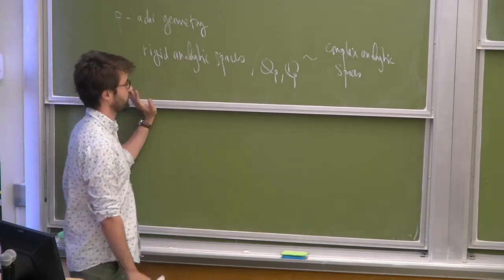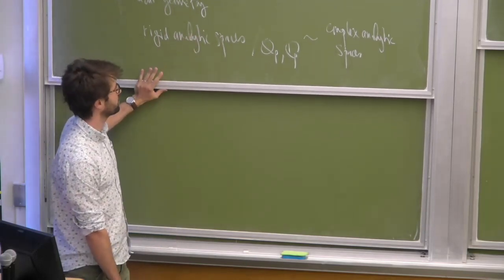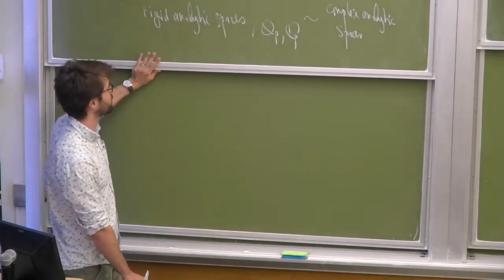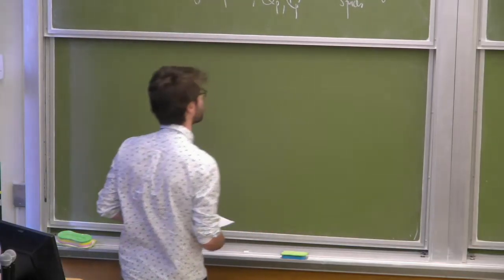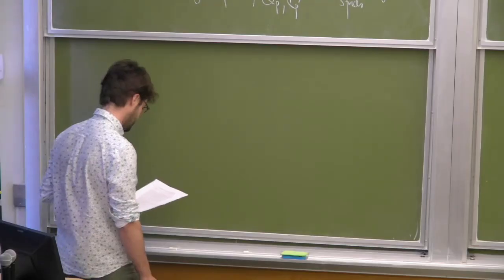Of course, you have to take into account the totally disconnected nature of the p-adic topology to set up the theory. That's more complicated, but this is supposed to be really a p-adic analog of complex analytic spaces.